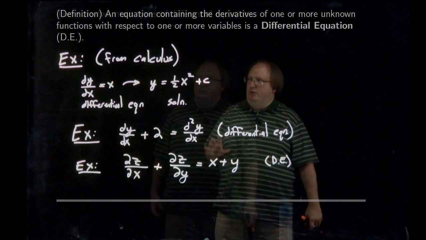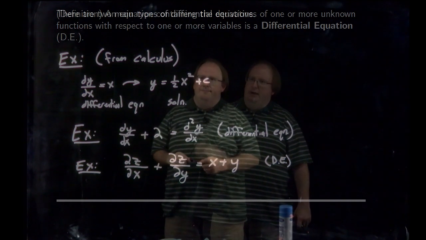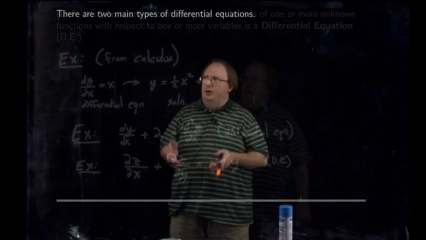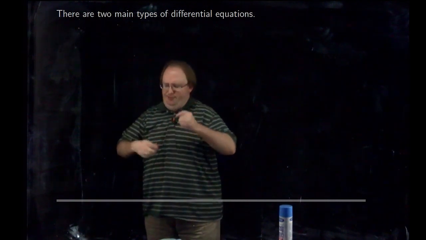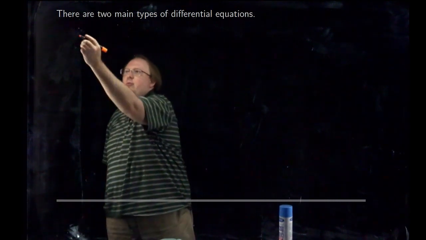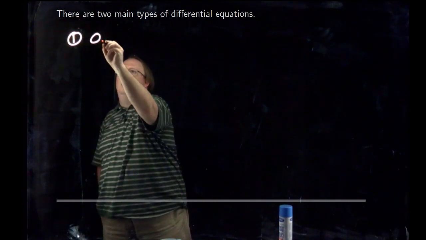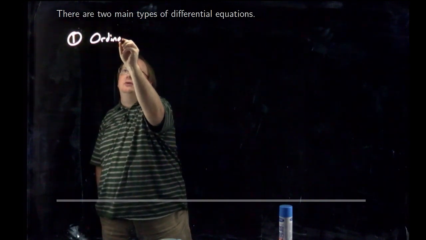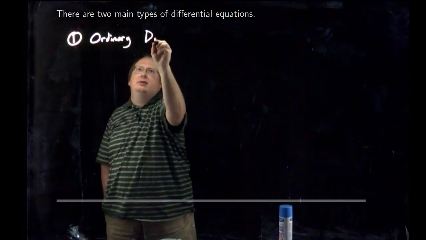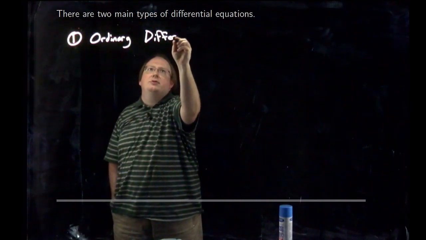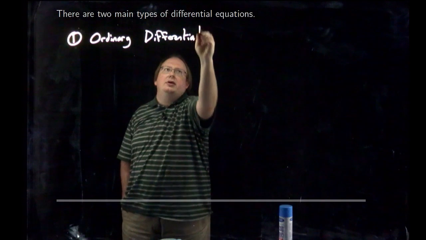Before we do that, we have to learn a little bit of lingo about how to describe and classify. Okay. So there are two main types of differential equations. The first one is going to be the one we're going to be dealing with primarily. So the first type we're going to call ordinary differential equations.